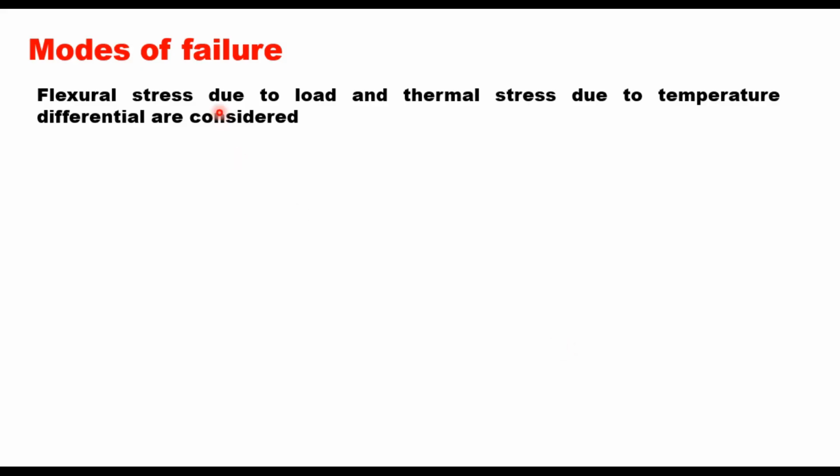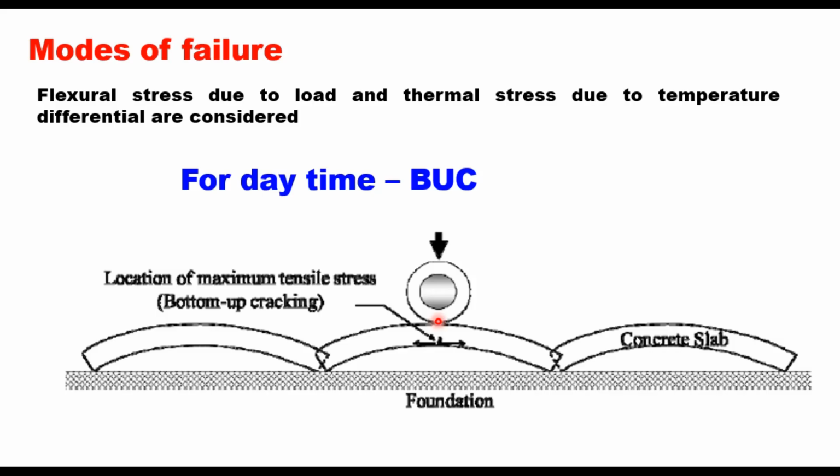Coming to modes of failure, flexural stress due to load and thermal stress due to temperature differential are considered. During daytime, temperature gradient is positive and slab will curve downward like this.